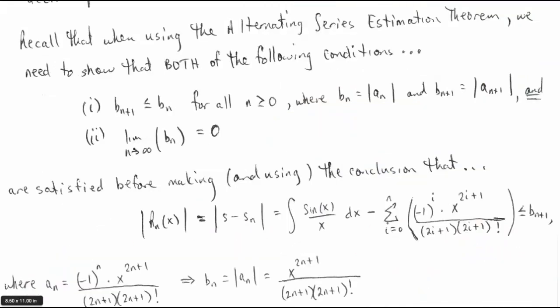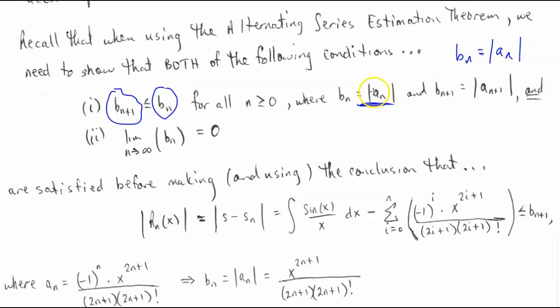So we'll start off by recalling that the alternating series estimation theorem basically states that we need to be able to show that for our particular power series that we're dealing with in this case, the b sub n plus 1th term is always smaller than or at most equal to the b sub nth term, where this b sub n is just the absolute value of a sub n.